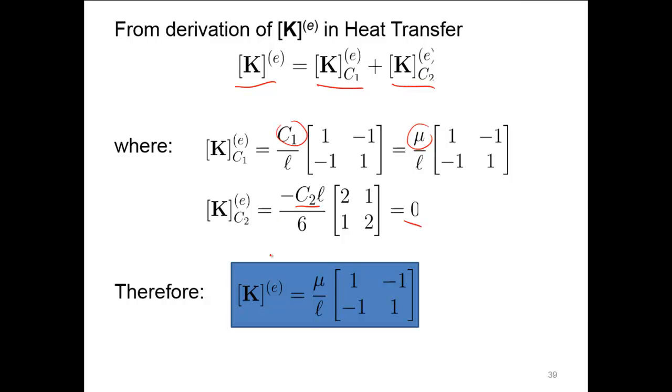So the stiffness matrix that we have here is the viscosity over the length of our element, multiplied times the stiffness matrix that's been developed there. That's our flow resistance matrix. This was its conductance before. In this case, it's the viscous effects.